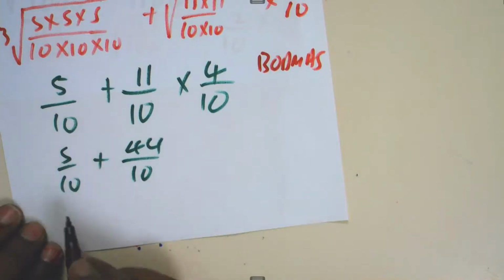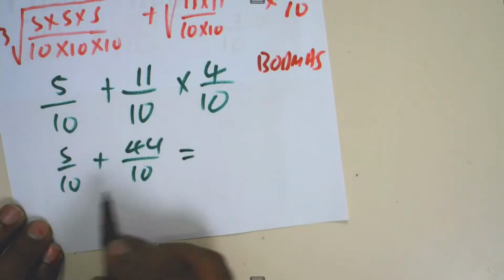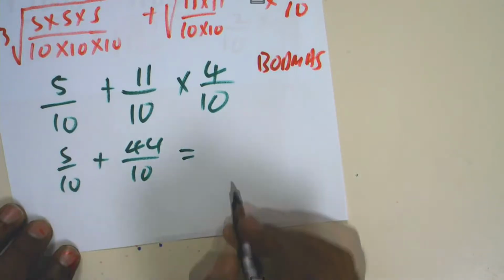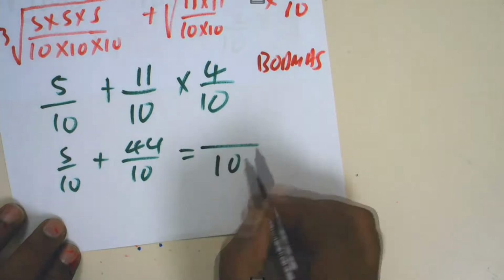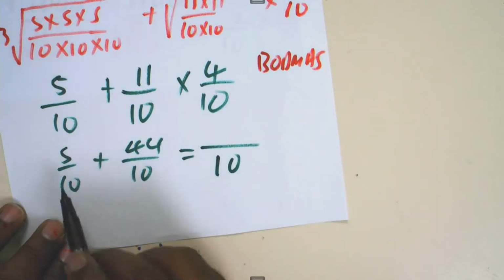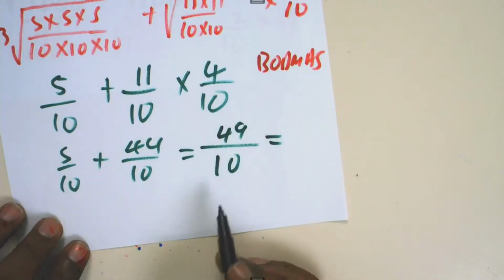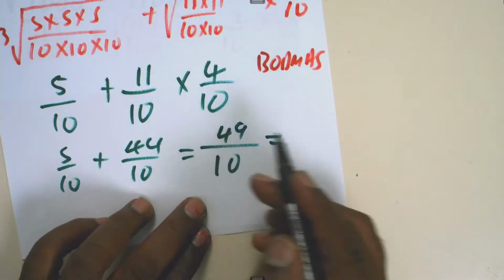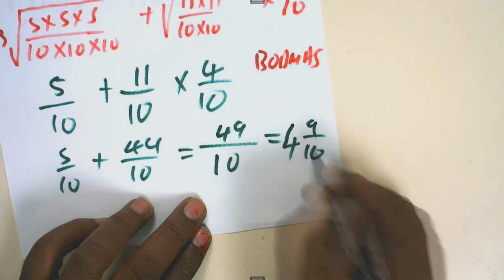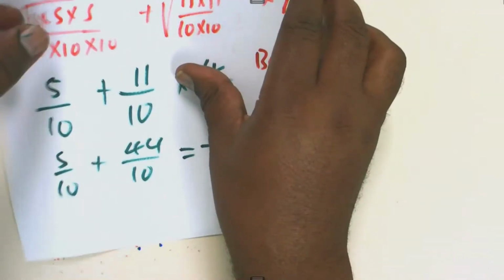And in our fractions, there is our LCM, our lowest common multiple, which is a 10 in common, and then 44 plus 5 is your 49. How many 10s is 49? 4, and then remainder 9 over 10. 4 9/10.